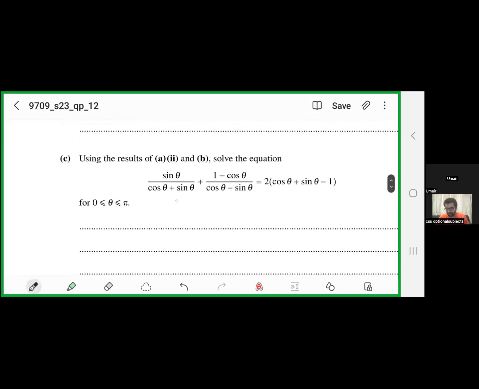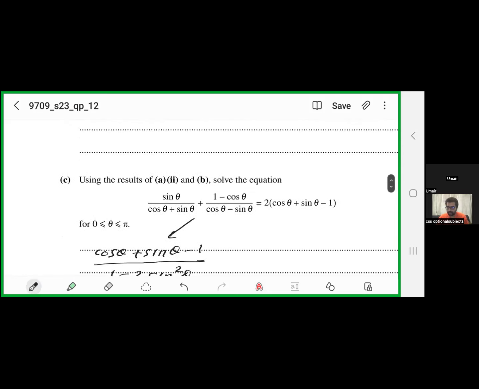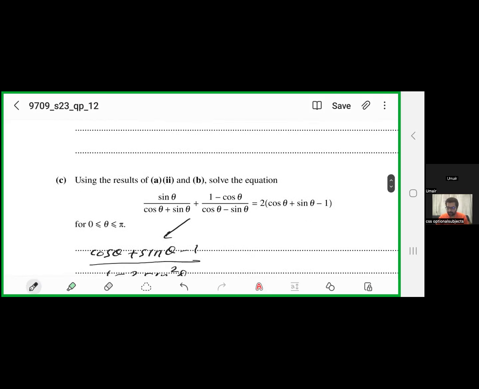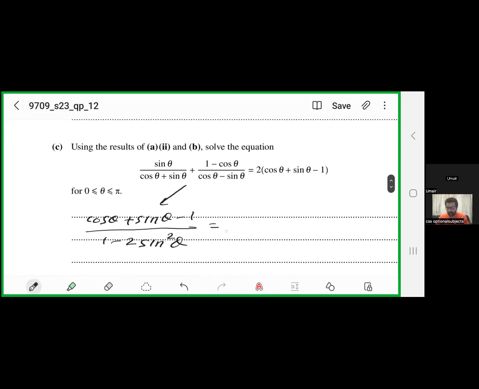So use these results. For this one, I'm going to use the results cos theta plus sin theta minus 1, 1 minus 2 sin square theta. Okay. So use these results, that is equal to 2 cos theta plus sin theta minus 1.